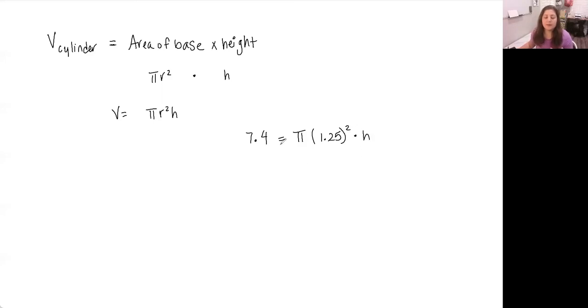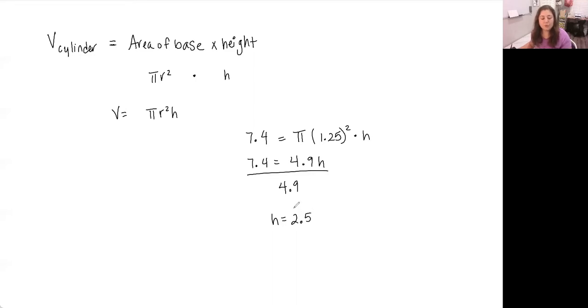So I would multiply all of this out: 1.25 squared times pi, and I would end up with 7.4 equals 4.9 times h. And then in order to find the height, I would just divide both sides by 4.9, and that would give me about 1.5.